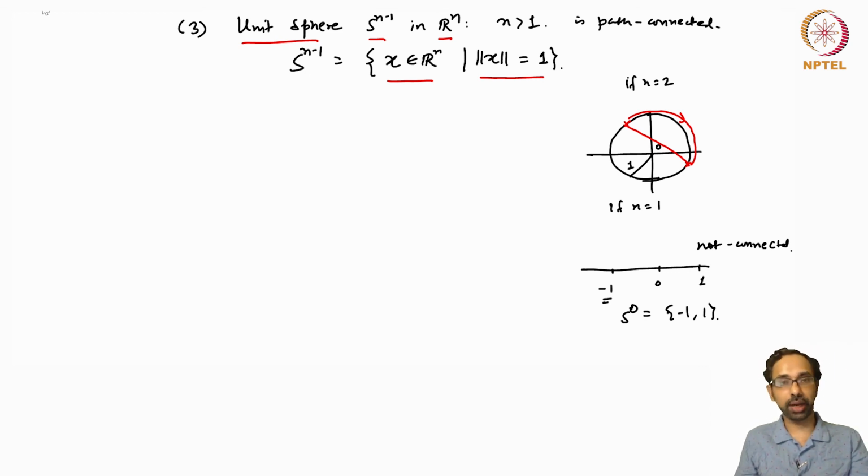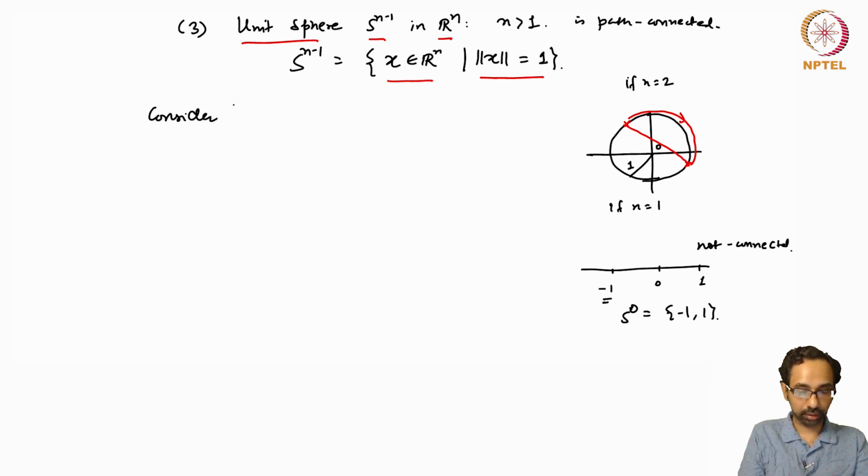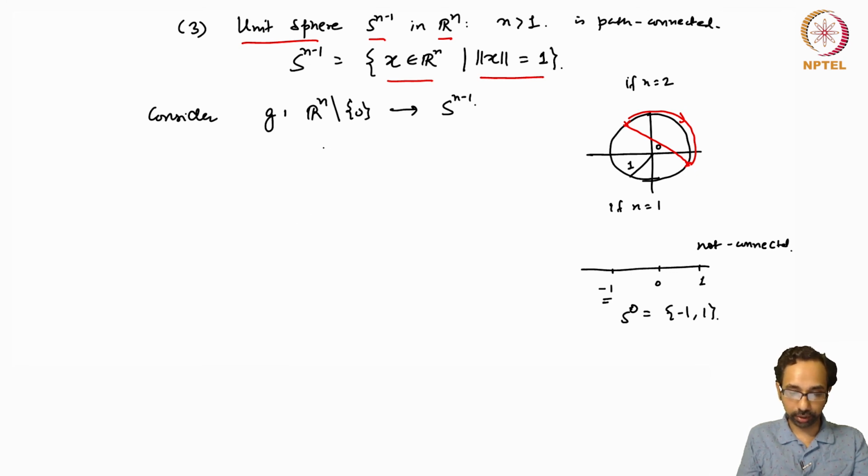Consider the function g from Rn minus 0 to Sn-1, which takes any point x and divides it by its norm.